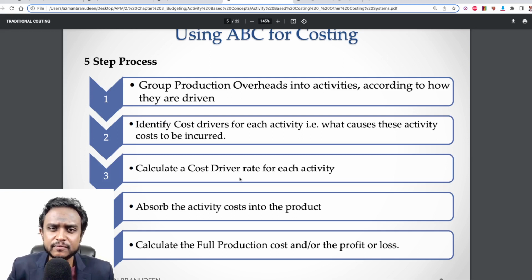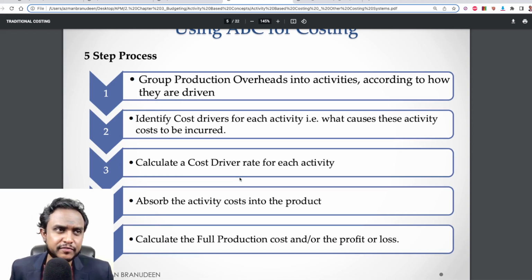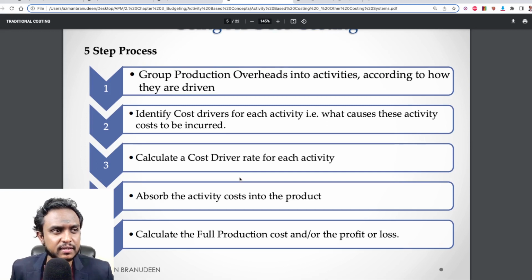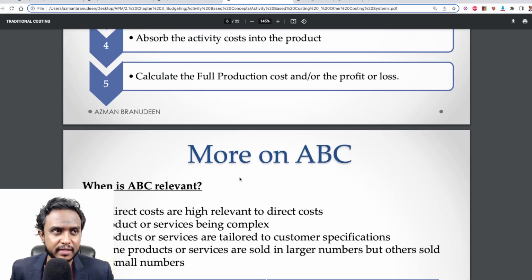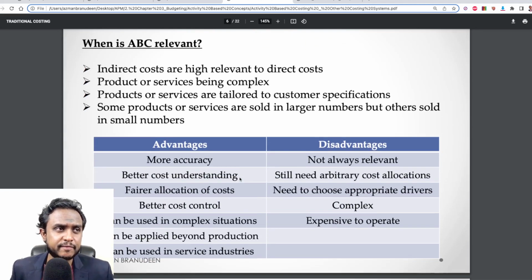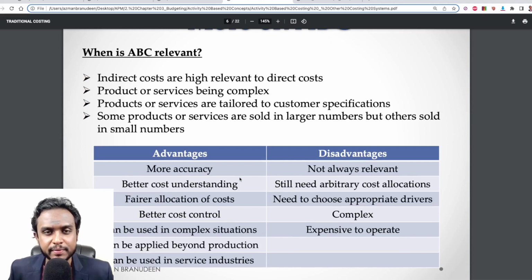That problem was addressed by ABC. Ultimately, once you have your cost driver rate, step number 4, you absorb each activity's costs into the product, and finally you are able to calculate the full production cost or the profit or loss. This appears in F5, P1, and a little bit of the science behind it in SBL.